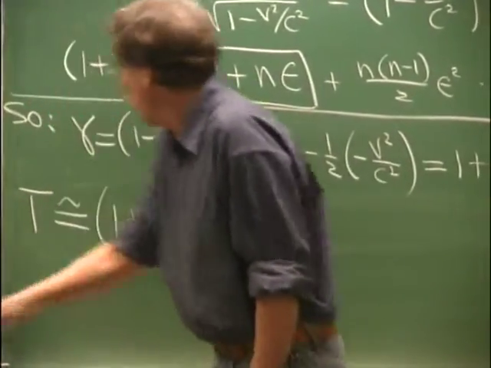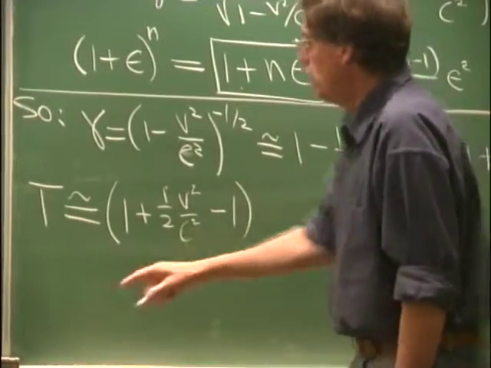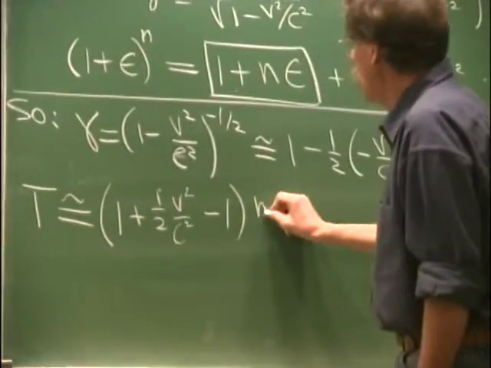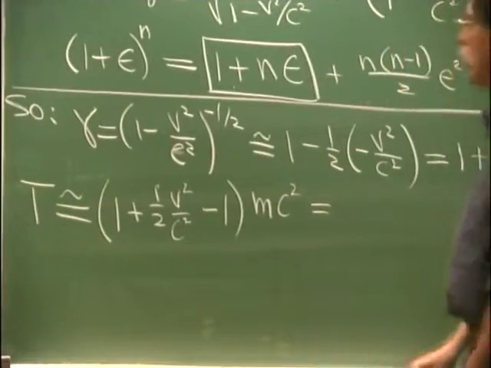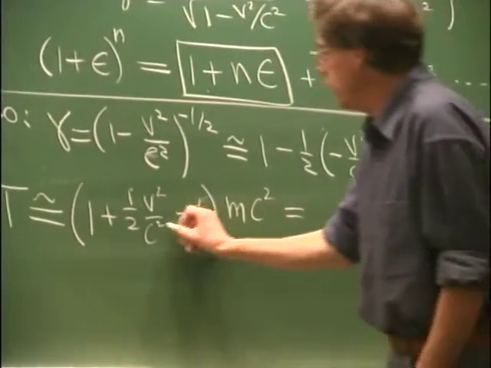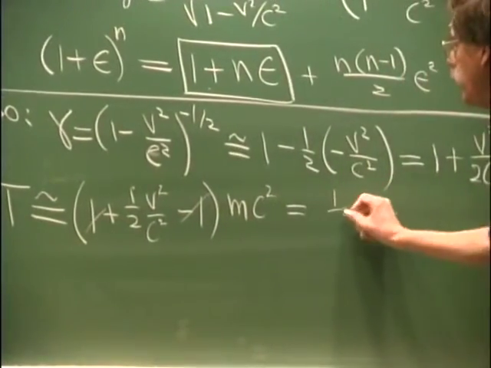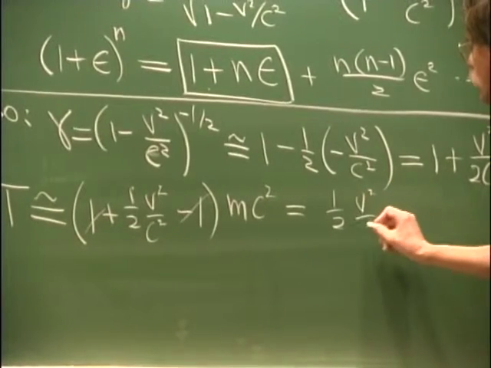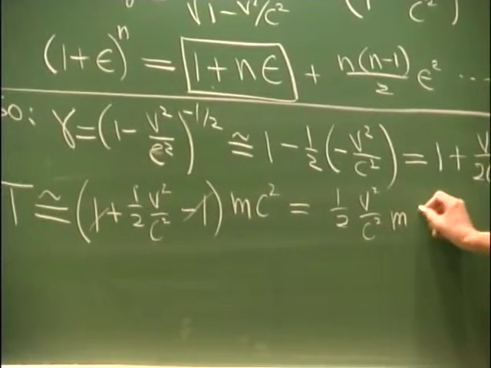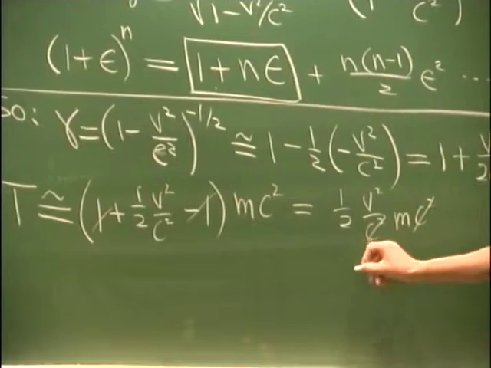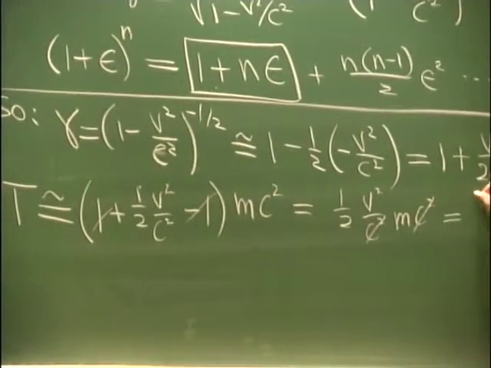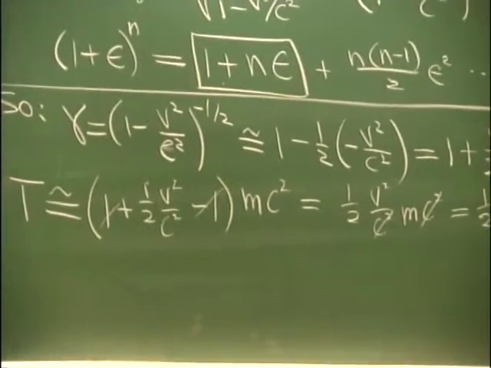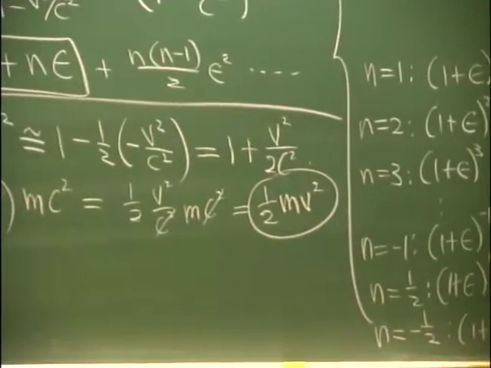There's the gamma, and now I'm supposed to subtract 1 from that and multiply the whole works by mc squared. What do I get? The 1's conveniently cancel, and I get 1/2 v squared over c squared times mc squared. Whoa, the c squared cancel, and I'm left with 1/2 mv squared. How about that?